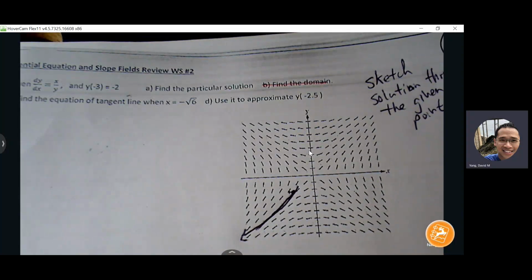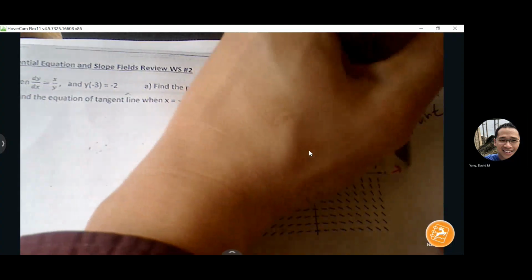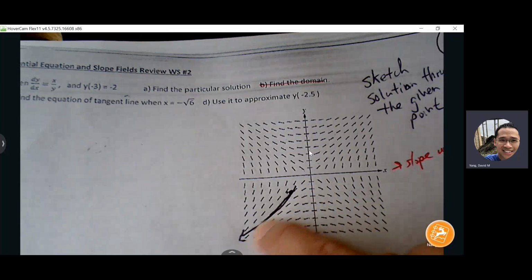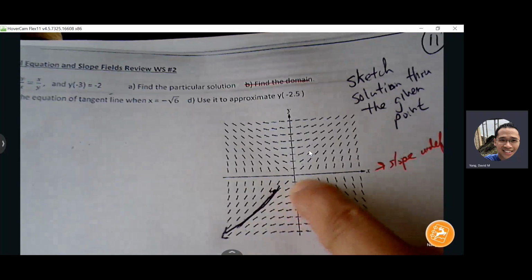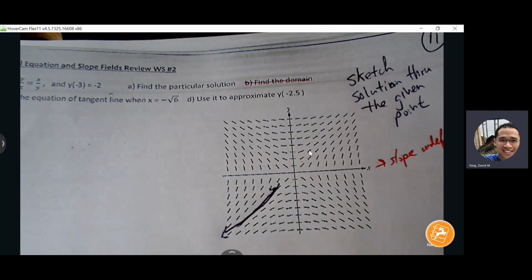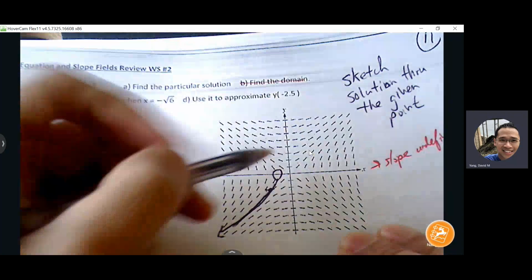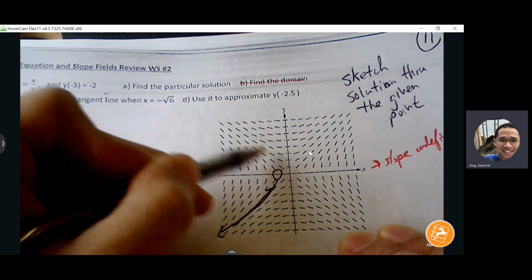So make a note of that. Everywhere else, the slope is defined, so it's kind of following along that stream because the slope is defined. But as soon as it hits a slope undefined, that's considered a wall. So you want to just stop where that wall is. You're not going to go to the other side and continue.